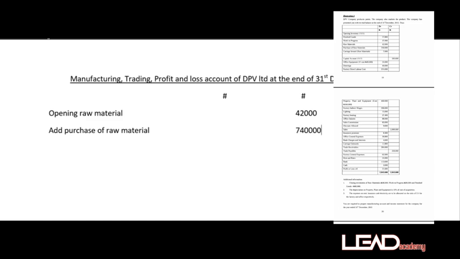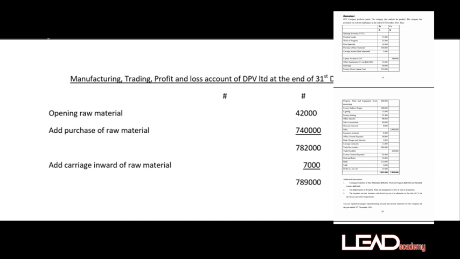So when you add up, you are going to have 782,000. Then add your carriage inward of raw material, which is 7,000. Then when you add it up, you're going to have 789,000.